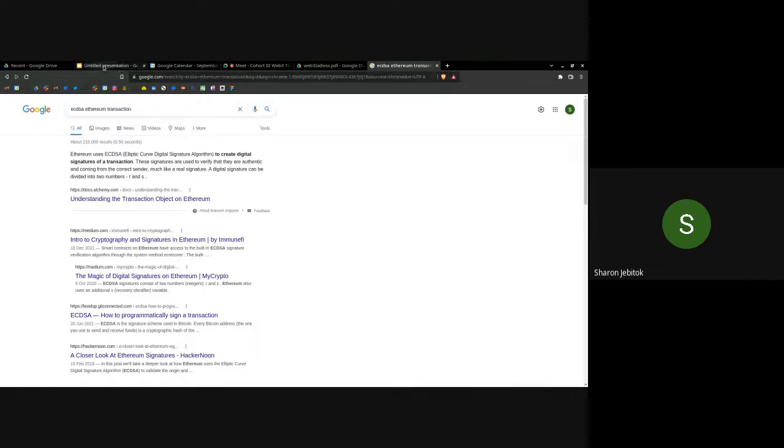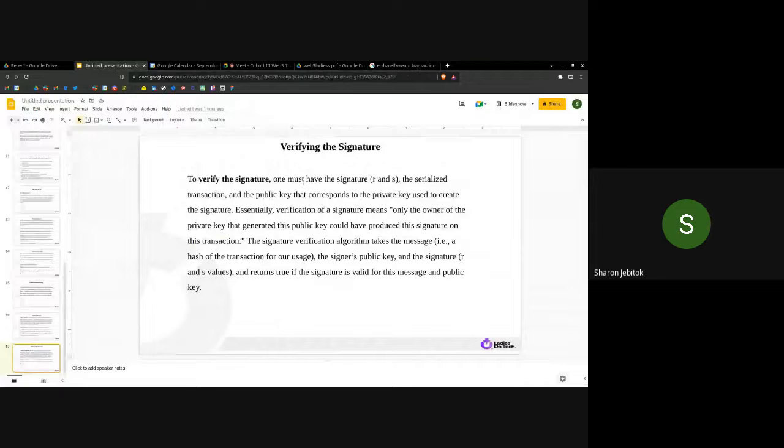And here, when we are talking about verifying the signatures, we are told that one must have the signature R and S, and then apart from the signature, there should be the serialized transaction and the public key that corresponds to the private key used to create the signature.